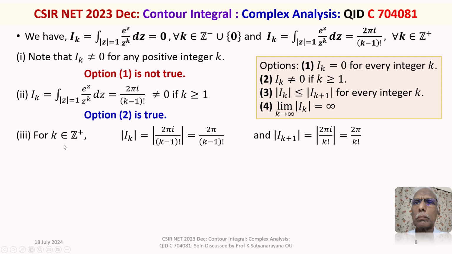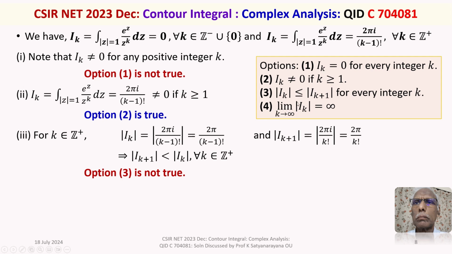So, for k belongs to Z plus, |Ik+1| is strictly less than |Ik| for all k belongs to Z plus. This is completely opposite to the claim. Therefore, option 3 is not true.